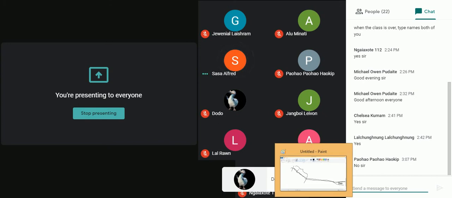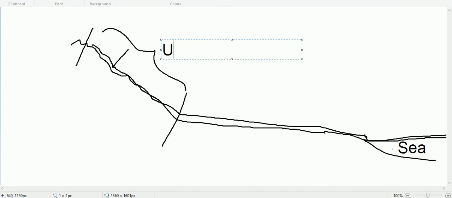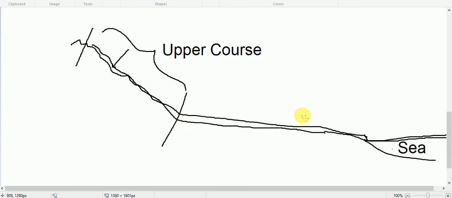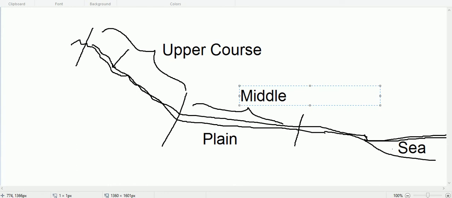See, here the river in the mountainous area is known as the upper course. This is known as upper course. And here, again, from the foothill up to the plain area, this is a plain area, and here the river in the plain area is known as middle course.